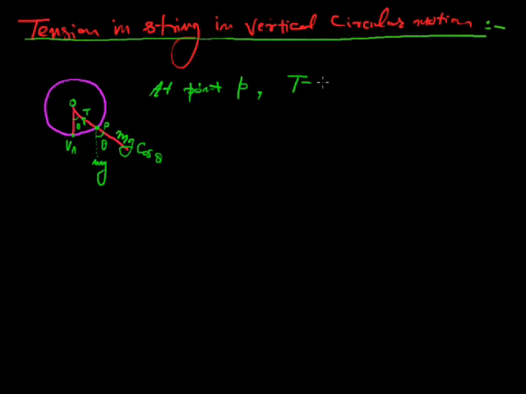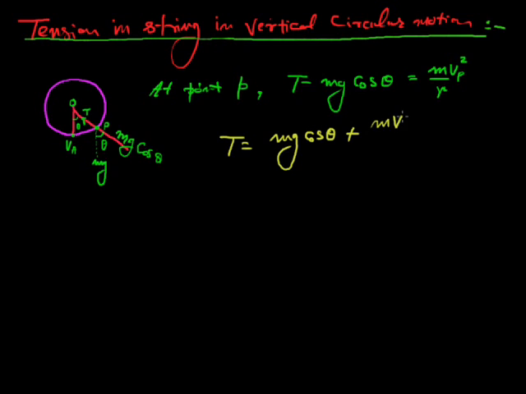At point P, T minus mg cos theta is the resultant force, and it is equal to the centripetal force, m Vp square upon r. Now T will be equal to mg cos theta plus m Vp square upon r.